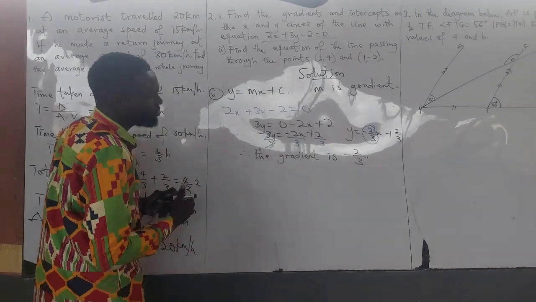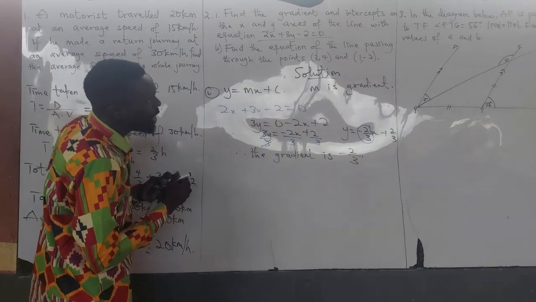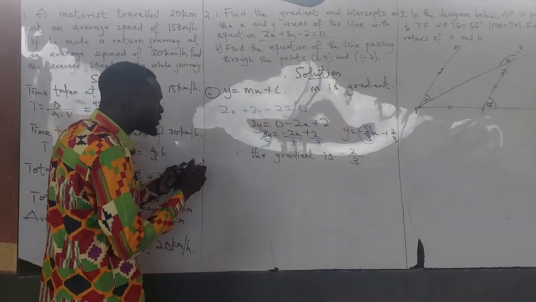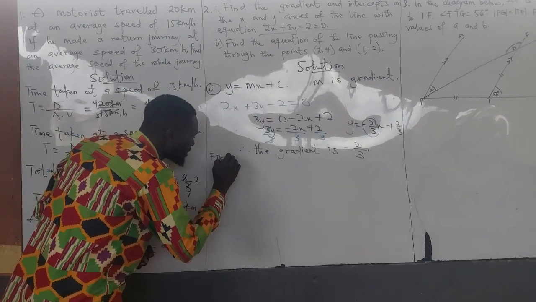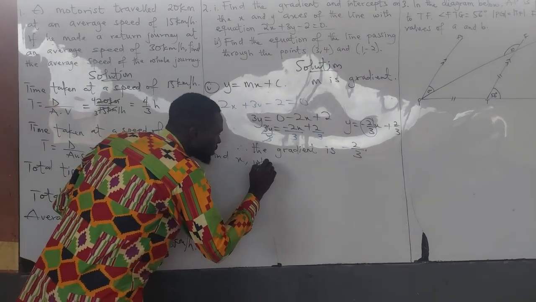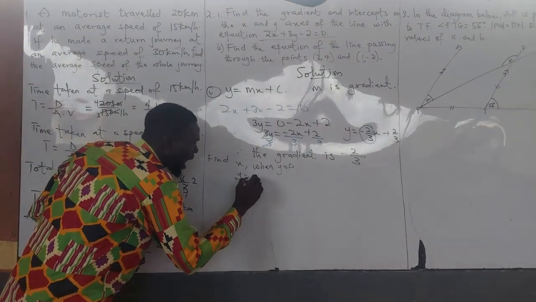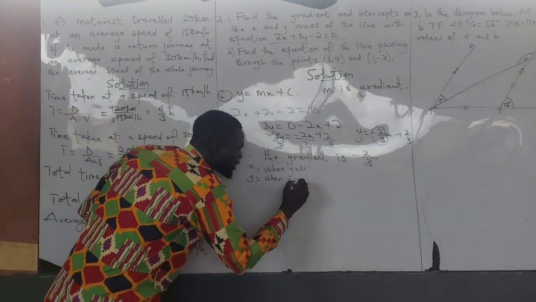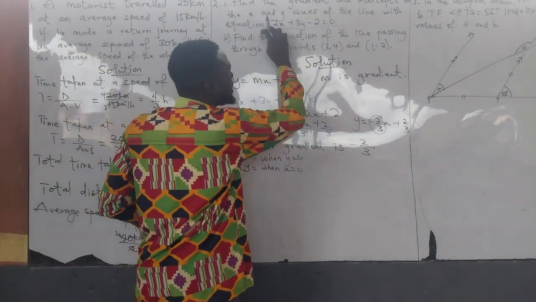So now, let's try to manage the space here for the intercept. So what are you going to do? We are going to substitute in and find x when y is 0, and also we will find y when x is 0. So you take the original equation, this.